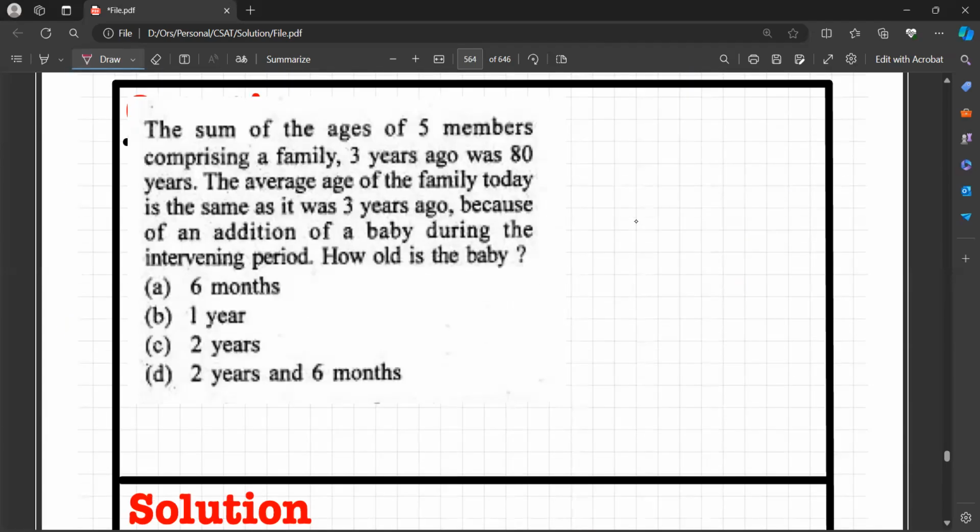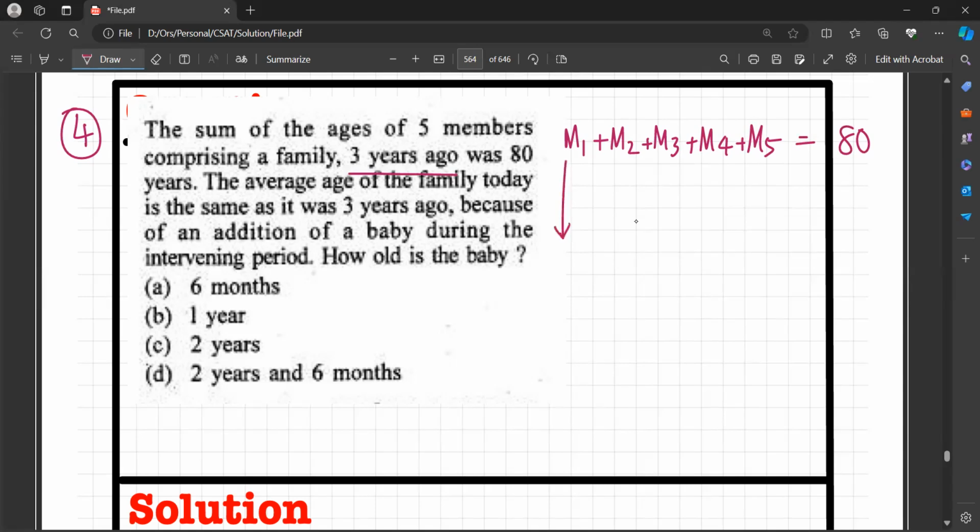The sum of ages of 5 members, this is question number 4. The sum of the ages of 5 members comprising a family 3 years ago was 80 years. Sum of 5 members M1, M2, M3, M4, M5 was 80 years 3 years ago.